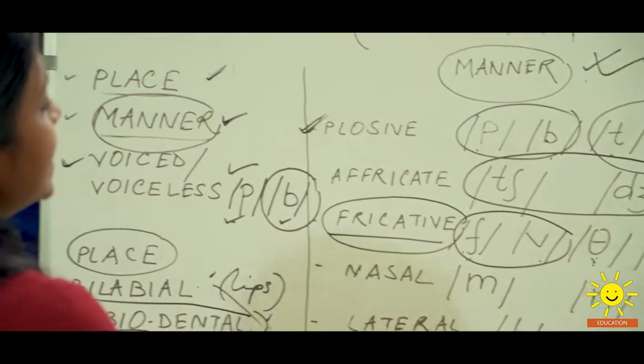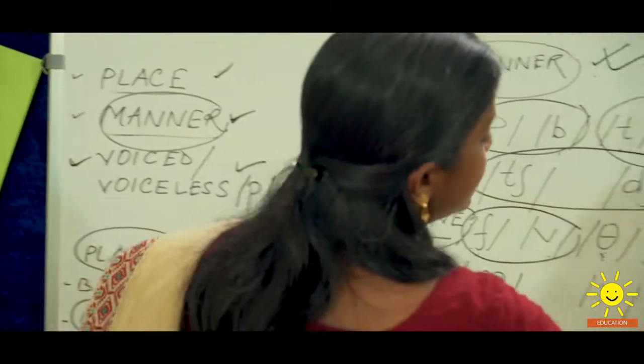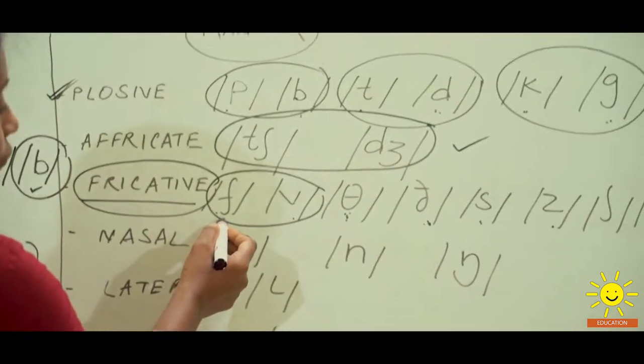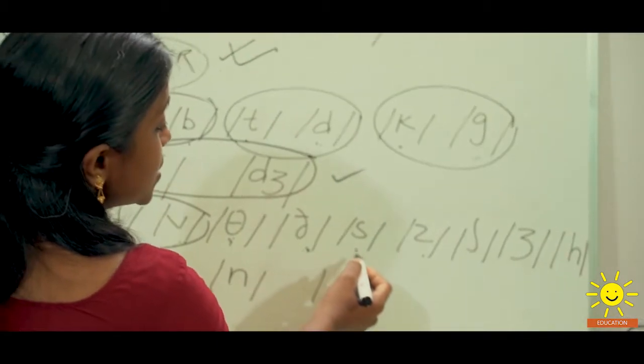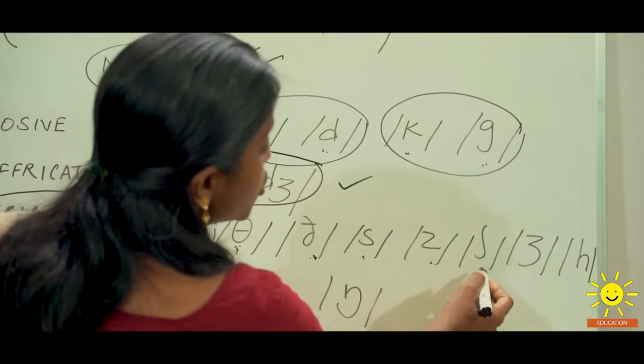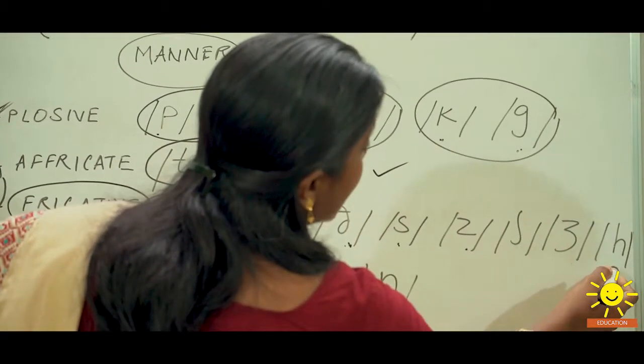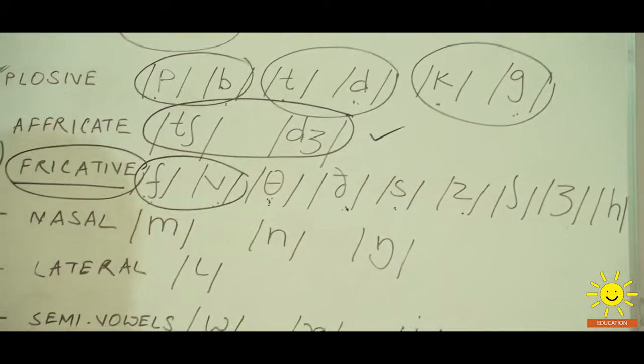So dear students, these are the 9 fricative sounds. I repeat once again. F, v, f, th, s, z, sh, zh, and the last one is h.